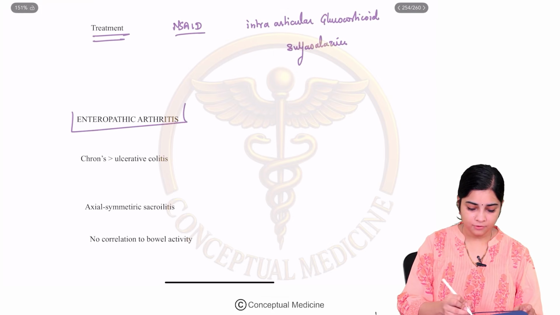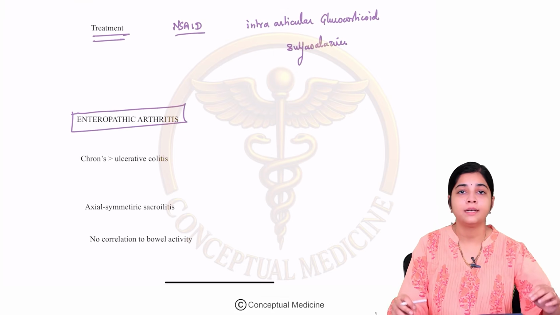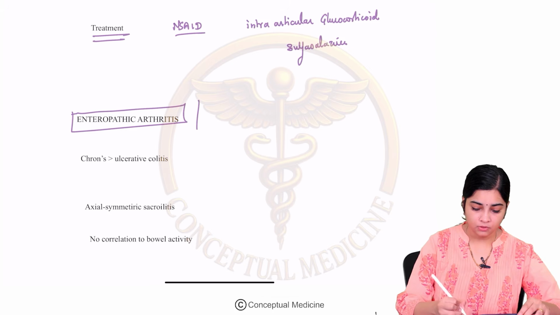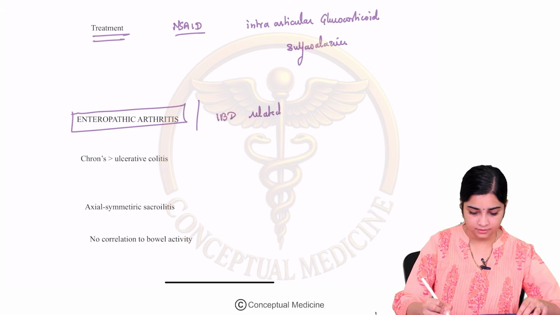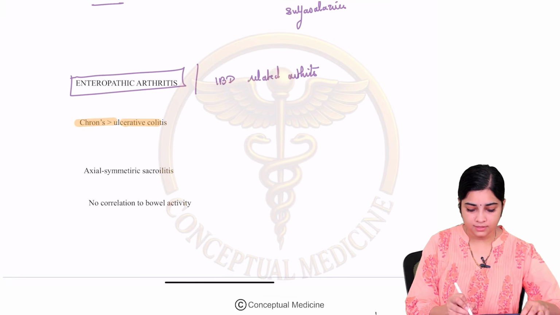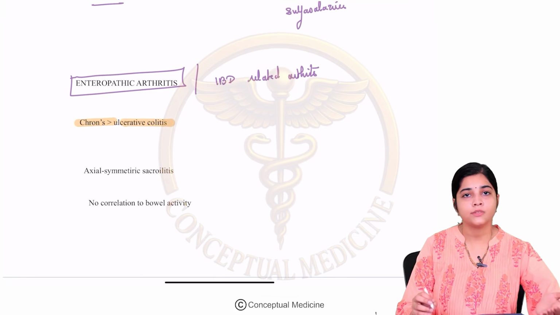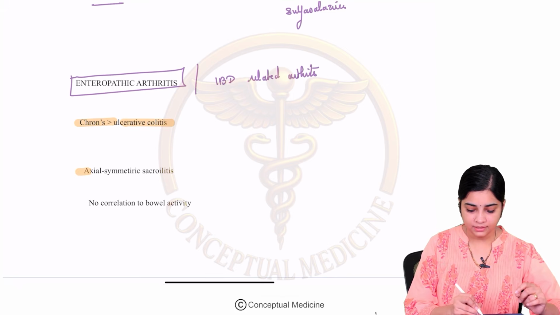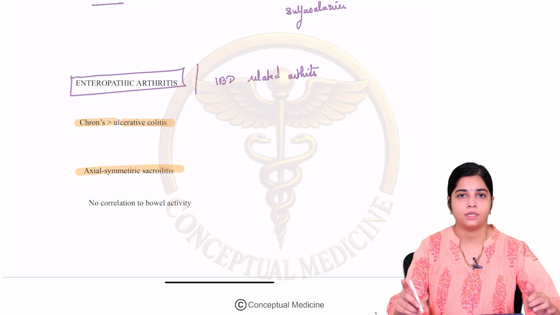The next type of peripheral spondyloarthropathy is the enteropathic arthritis, or what we call the IBD related arthritis. Now this IBD related arthritis is more common in Crohn's disease than in ulcerative colitis. This also can have axial involvement, and here it is a symmetric sacroiliitis, right?